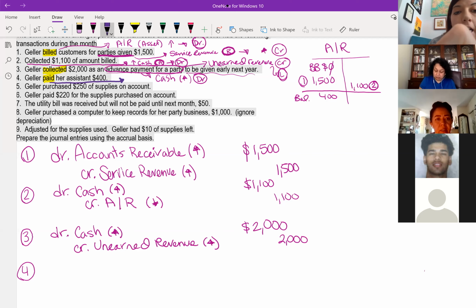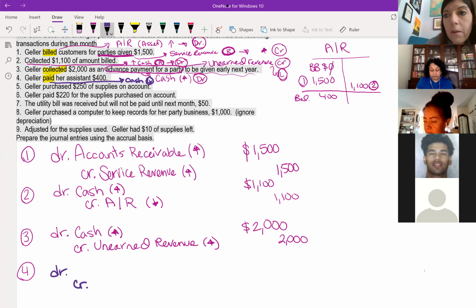Cash, decreasing for 400. So cash is decreasing, and then salary expense, correct. Since cash is decreasing, am I debiting or crediting cash? Crediting, because cash is an asset. It's decreasing, so it's a credit to cash, decreasing the cash account by 400.